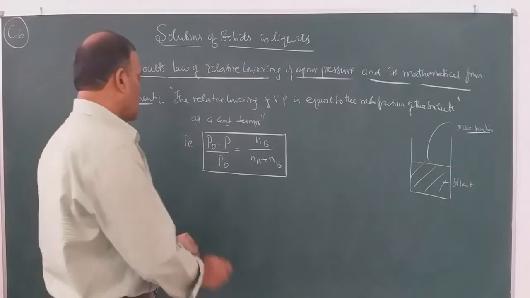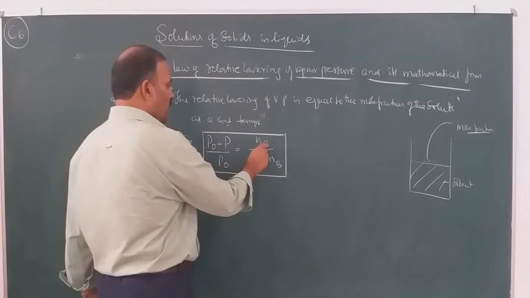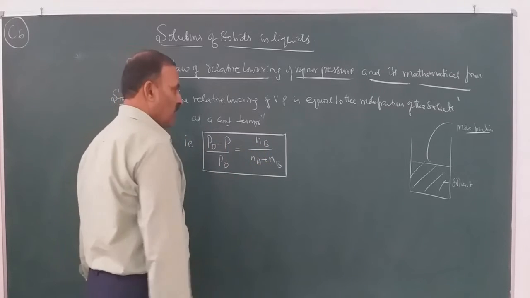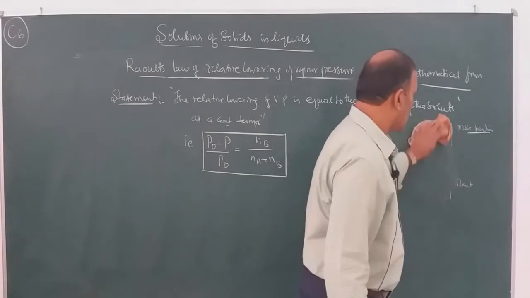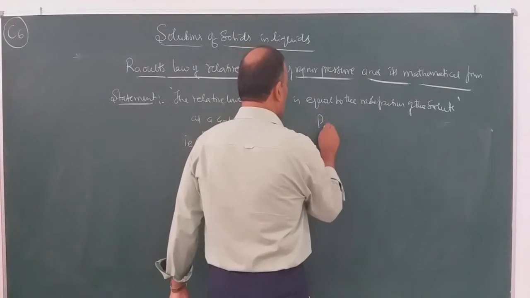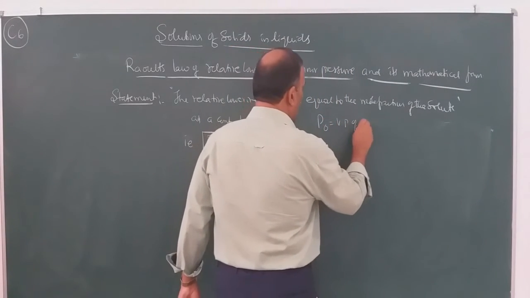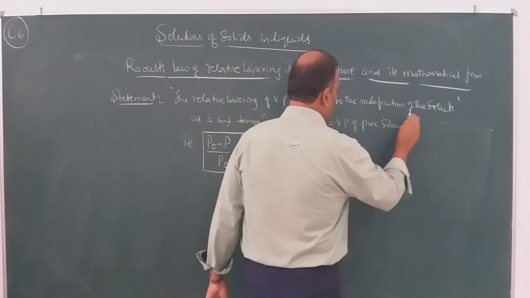So P naught minus P by P naught is called relative lowering of vapor pressure. Nb divided by Na plus Nb is called mole fraction of solute B. So here what is P naught? P naught equals vapor pressure of pure solvent.